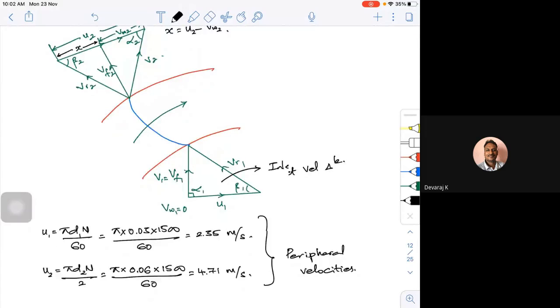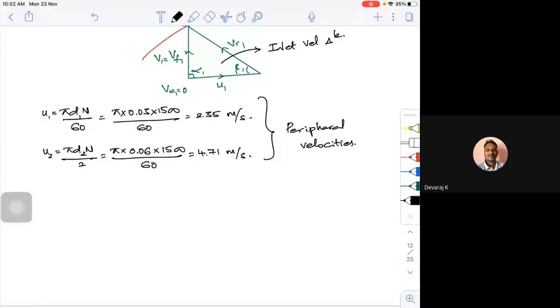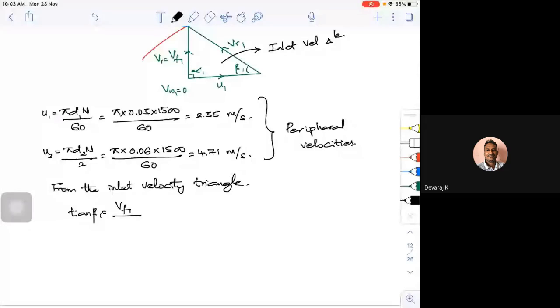From the inlet velocity triangle, tan beta 1 is equal to Vf1 divided by u1. So I need to calculate Vf1. With a little bit of cross multiplication, Vf1 is equal to u1 tan beta 1.